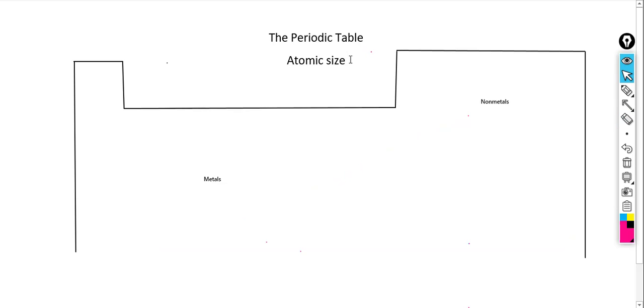Next is ionization energy. That goes reverse to the atomic size. The smaller the atoms are, the harder it is to ionize the electrons.